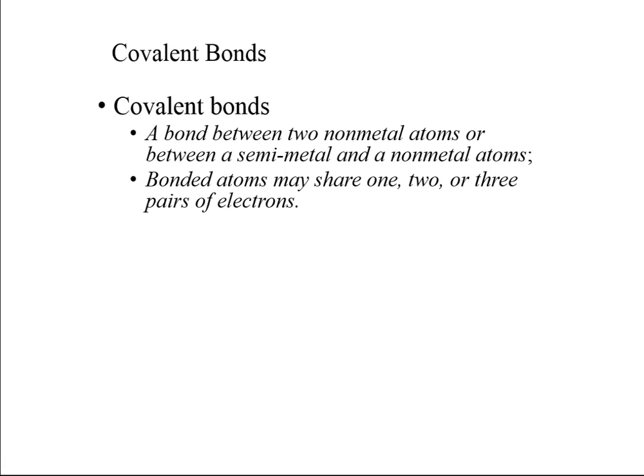In this case, the bonded atoms may share 1, 2, or 3 pairs of electrons. We'll see what we mean by that. So each pair of electrons is a chemical bond. So if the bonded atoms share 2 pairs of electrons, we'll have 2 chemical bonds formed. If they share only 1 pair of electrons, then we'll have a single chemical bond.